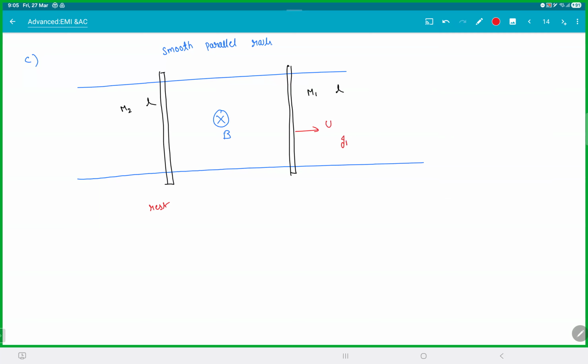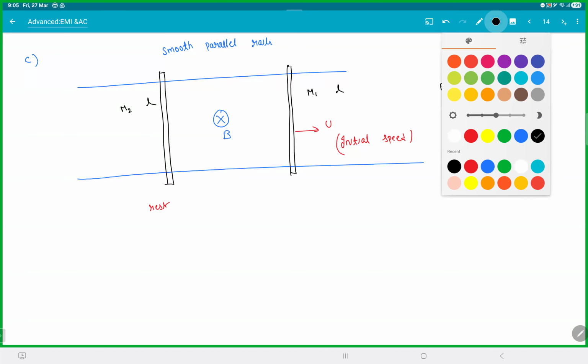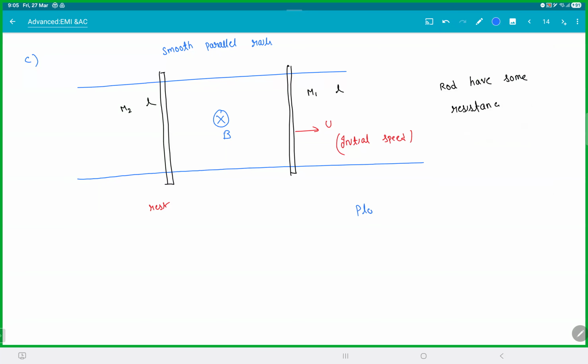This is your initial speed. Right? So these rods have some resistance. Or I can just put a resistor there in the circuit. Doesn't matter anyway. So plot the velocities V1, V2 versus time graph approximately.